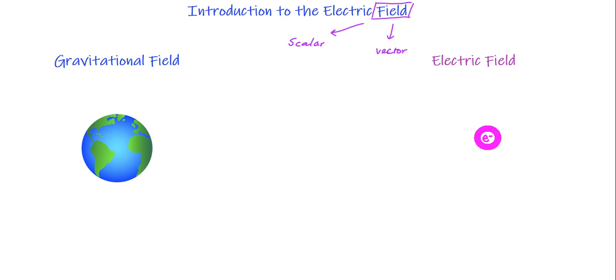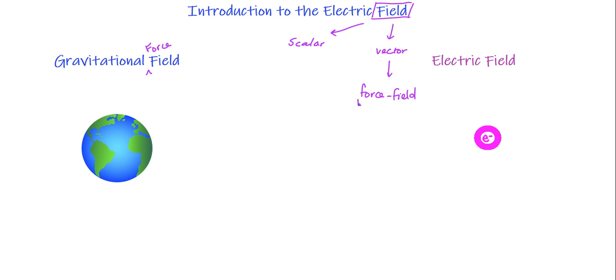And when we're talking about a vector field, we've actually abbreviated the full term to field, but it actually is a force field in this case. So when we talk about the gravitational force field, we're talking about a vector field that describes the force of gravity in the space around Earth.